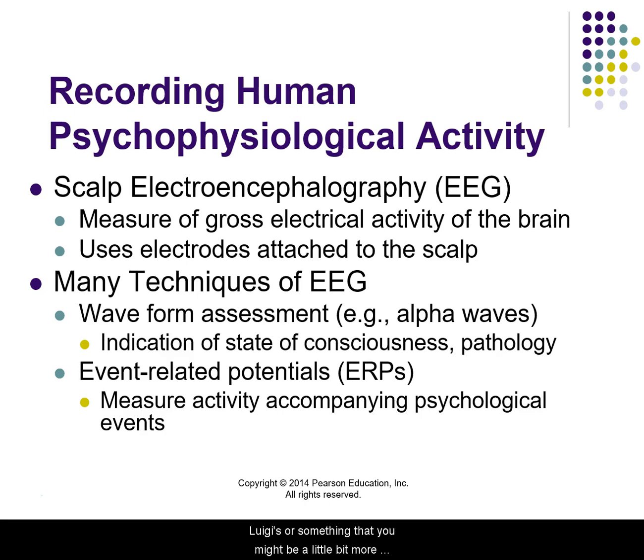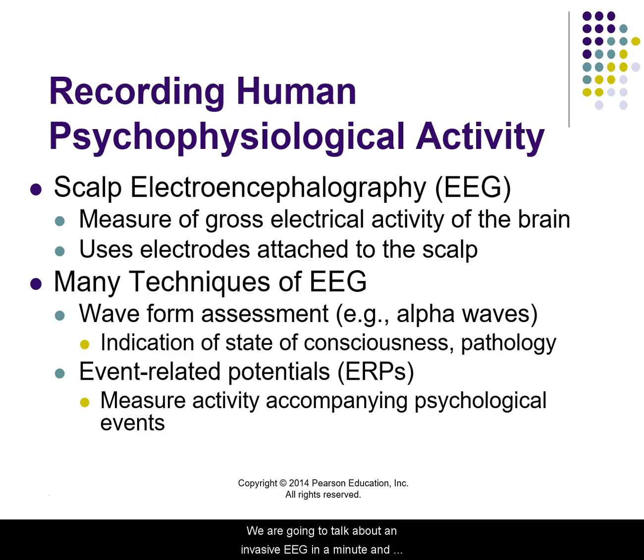Now, EEGs are something that you might be a little bit more familiar with. Electroencephalography (EEG) measures gross electrical activity of the brain, using electrodes attached to the scalp. For the most part, these EEGs are going to be scalp electrodes. They use a little cream, they put it on the scalp. There's nothing invasive. They're not placed into the skull itself or anything like that.